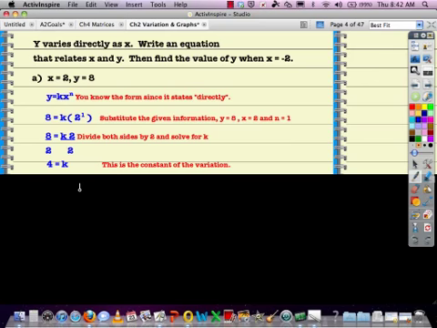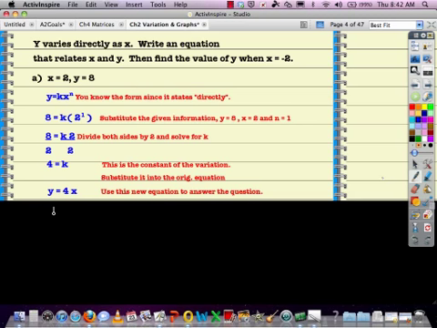So what it now means is write the equation that is related. Well, in order to do that, you go back to your situation. Your situation was y and x. So y equals, we solve for our constant, the unknown, and that's 4. So step 1, solve for that constant of the variation. So this is the equation now, y equals 4x, that we get to use for the rest of the problem.